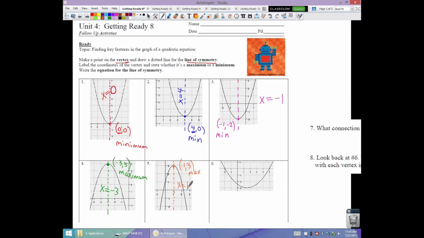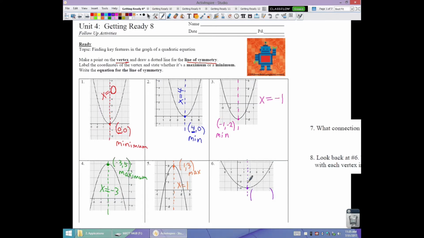One more, our last one. We have a point on the vertex. Now this time, the vertex is somewhere between 1 and 2, or at least the x coordinate of it. So we identify it here, draw in that line of symmetry. But when we go to identify these coordinates, you're kind of making a guess at this point.